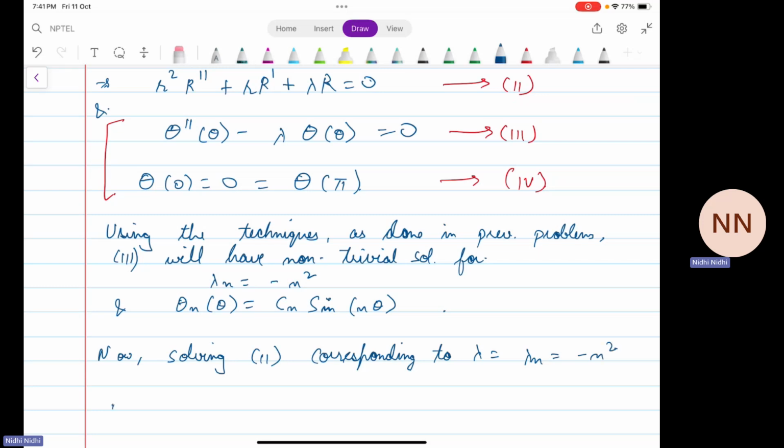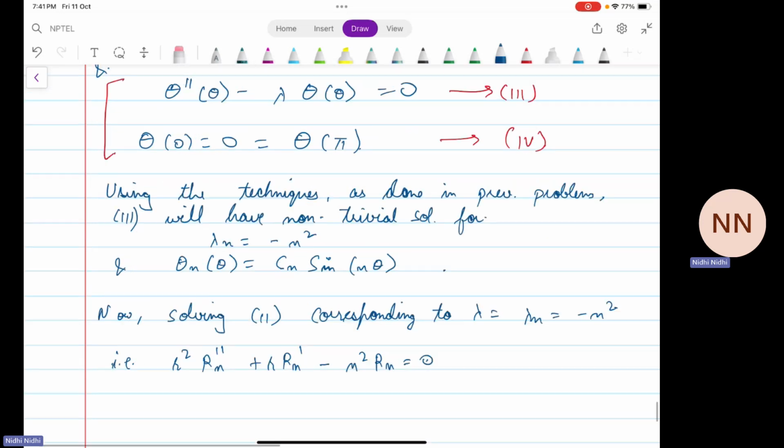So we have r squared Rn double dash plus r Rn dash minus n squared Rn equals 0.